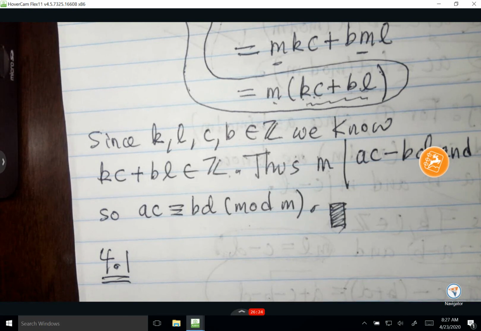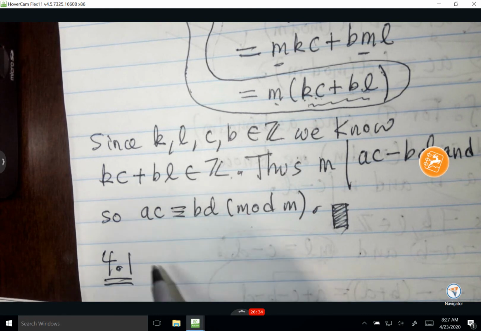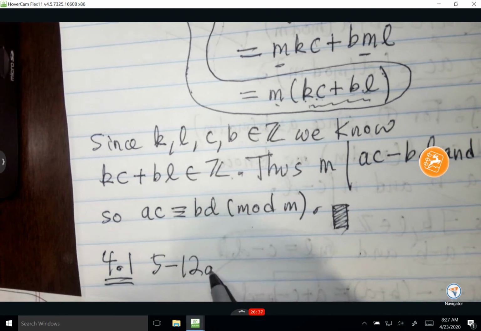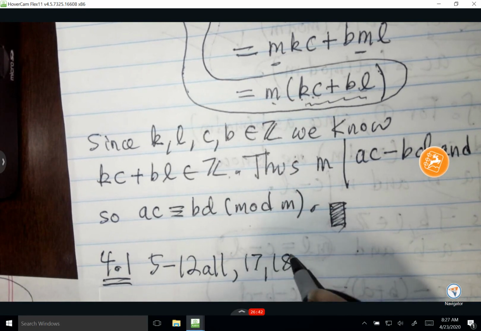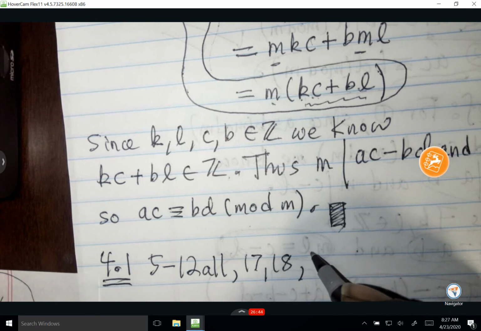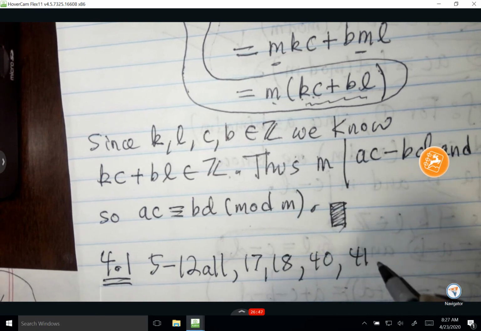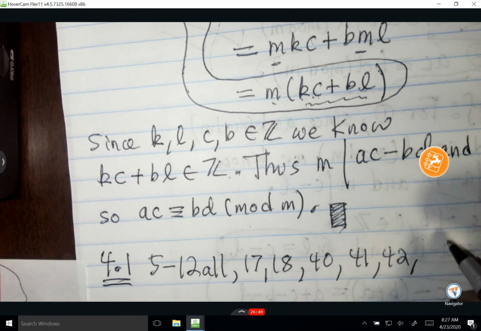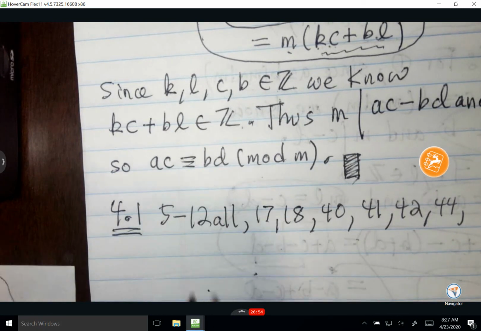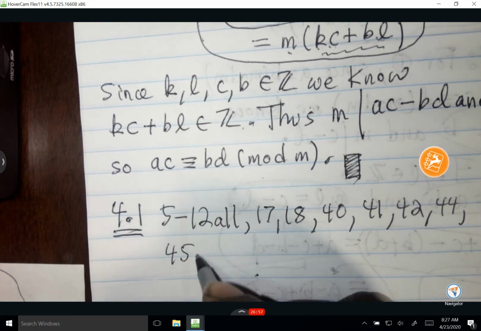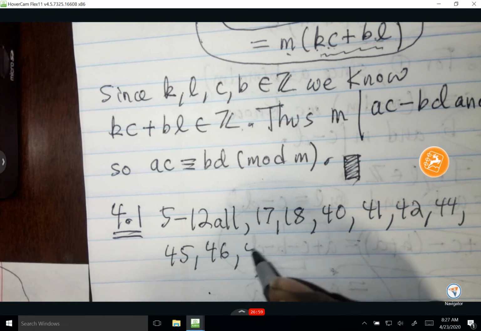And the problems are 5 to 12 all, 17, 18, then it jumps up to 40, 41, 42, 44, 45, 46, and 47.